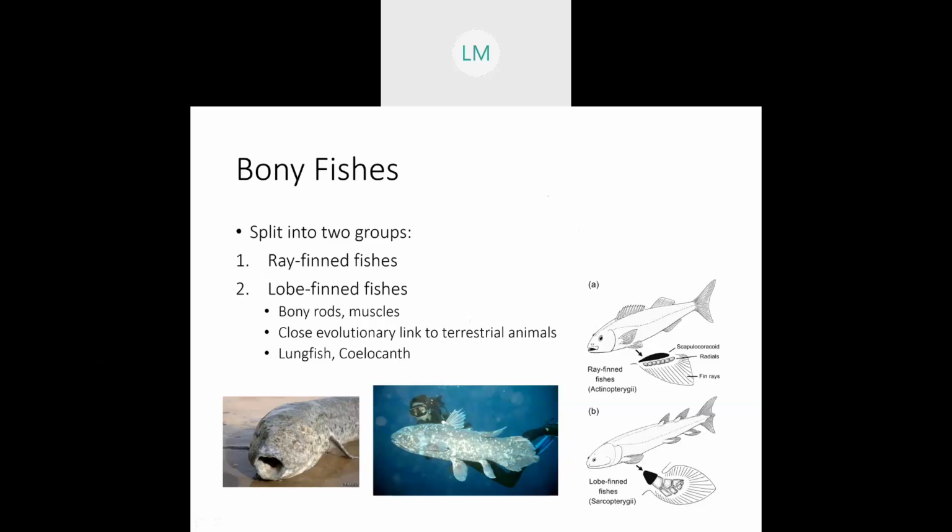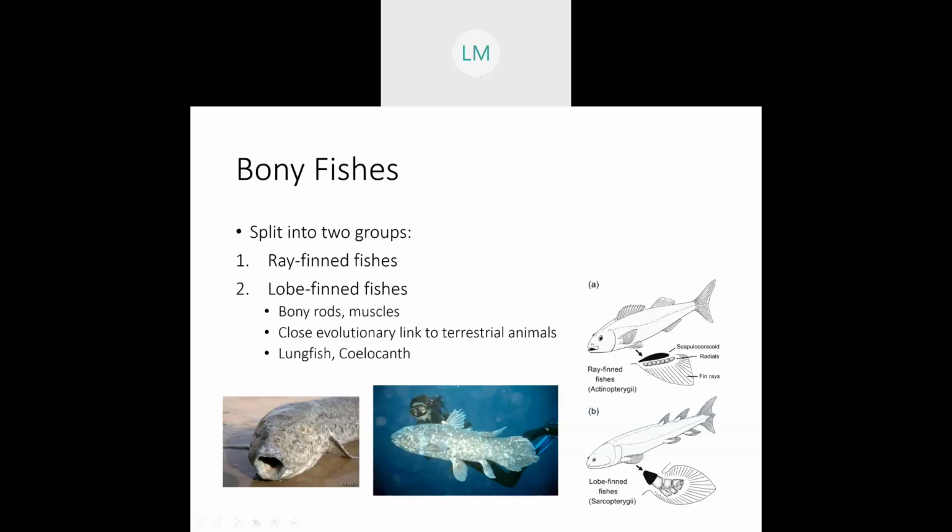Okay, so there are just two types of fish in this group. We've got the lungfish, which can breathe air and come up on land. And then we've got the coelacanth here. The coelacanth is super interesting. It was thought to be extinct for a really, really long time, but then was discovered at a fish market in, I think, Indonesia. And it was kind of amazing because they thought it had been extinct for millions of years, basically.